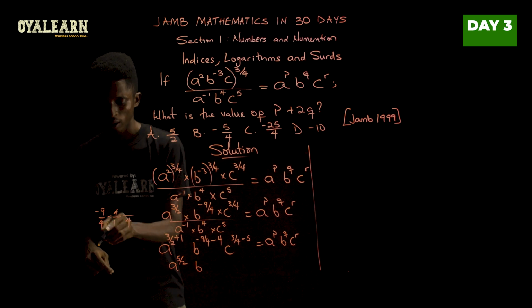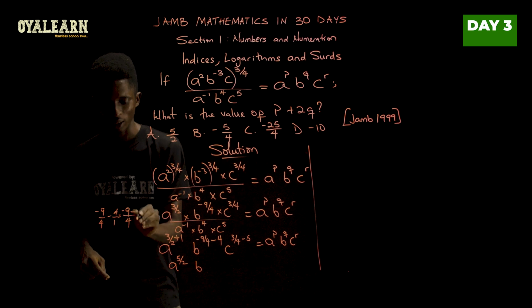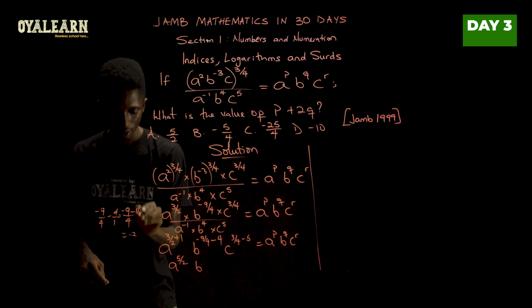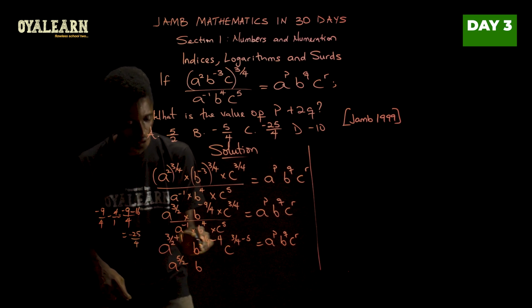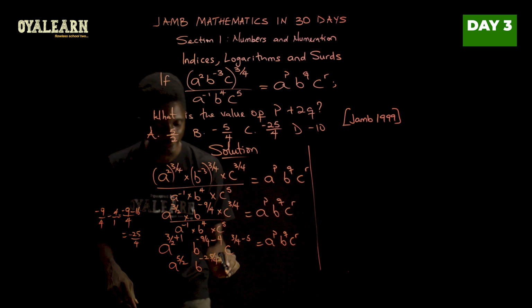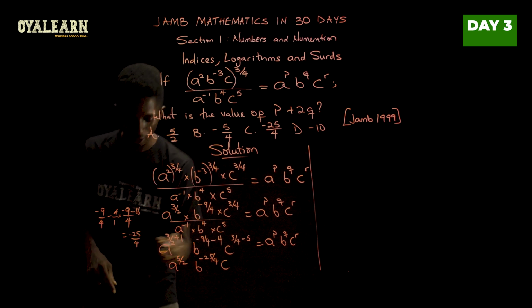LCM is 4, and then this will be minus 9 minus 4 times 4, which is 16. So when we do this, we are going to have minus 25 over 4. So b power of minus 25 over 4. And then c. Now for c, we have 3 over 4 minus 5.